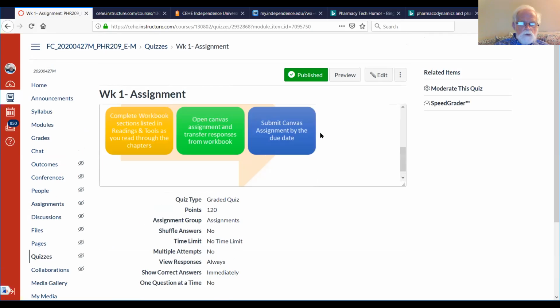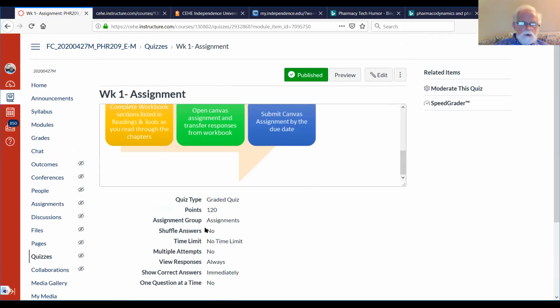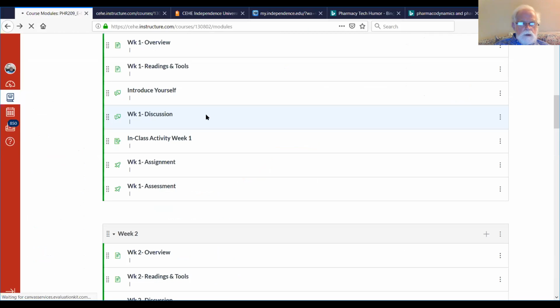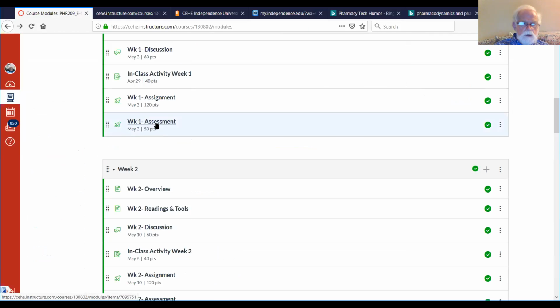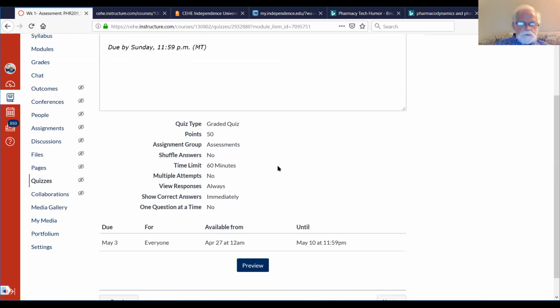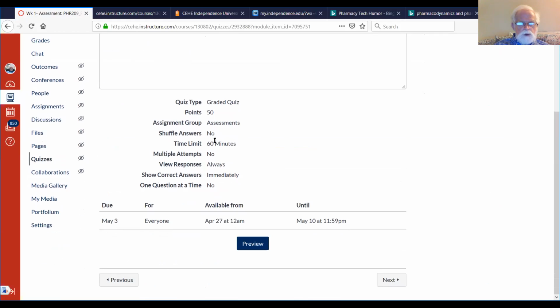There's no reason once you do the worksheets that you need to do multiple attempts. So we'll go back here, and then we have an assessment each week. And I will change that to multiple attempts and no time limit.